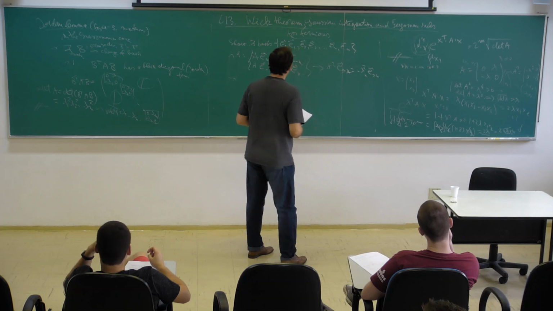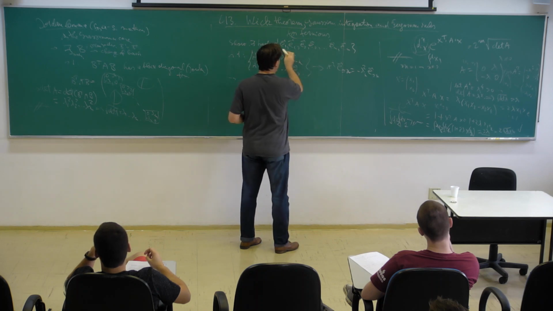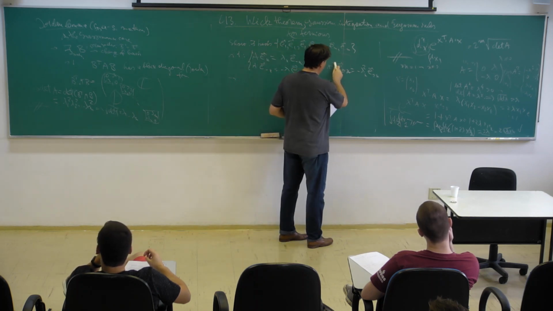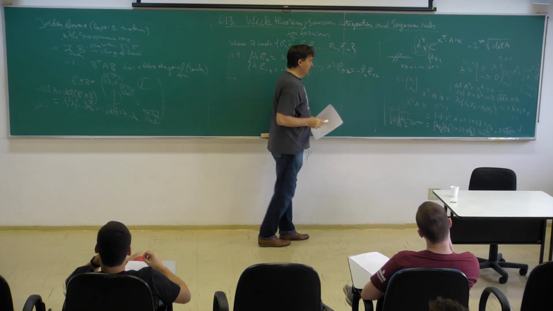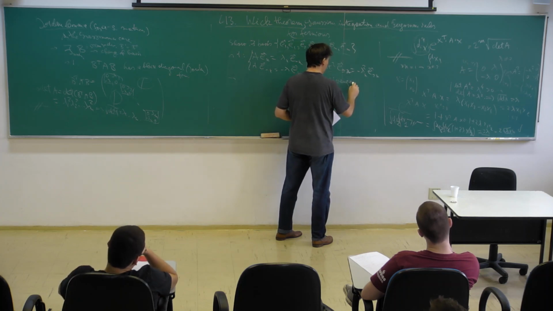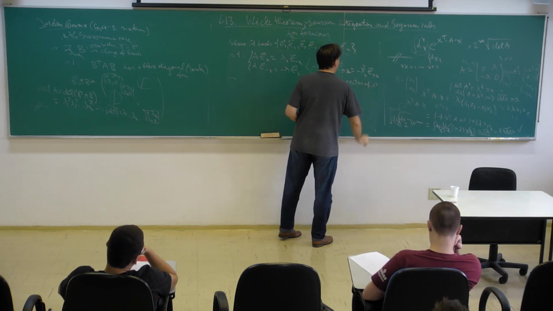So we need to find this basis, but if this is so, then pair by pair, E plus minus k are eigenvectors of A squared.